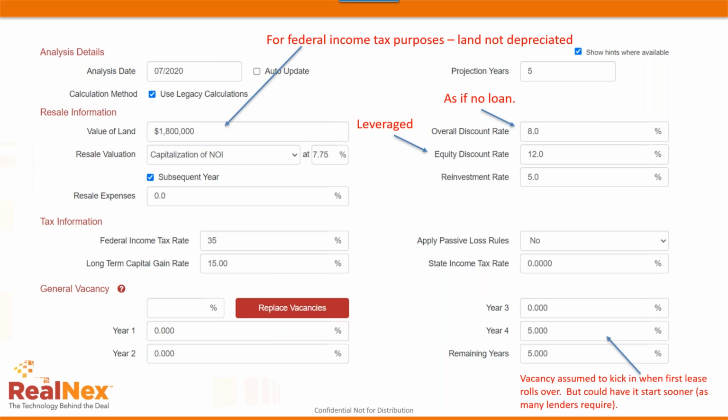But sometimes lenders say, well, look, even if the property is 100% leased right now, I want to be conservative and I want you to have at least 5%, whatever vacancy rate in there. So that's called a general vacancy rate, that no matter what, the vacancy rate will never be less than that amount. If it's more based on the actual lease turnovers, then that'll be used, but it can never be less than the general vacancy rate.